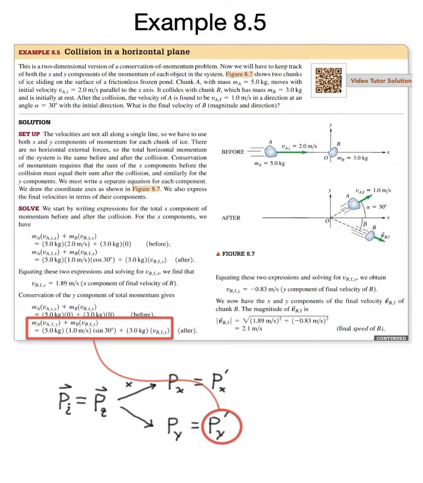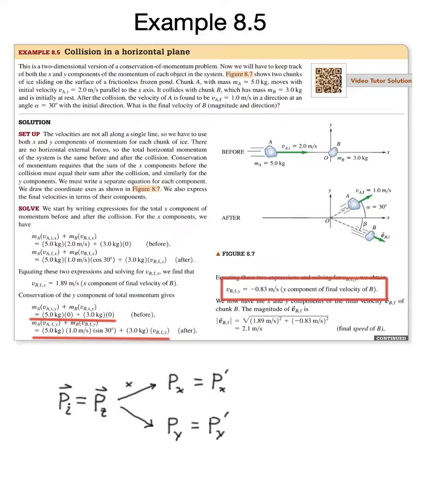And then for mass B, since we don't know its velocity, that y component of momentum is just left as a variable. And as they did before, all you have to do is equate the before and the after and solve for the y component of velocity.